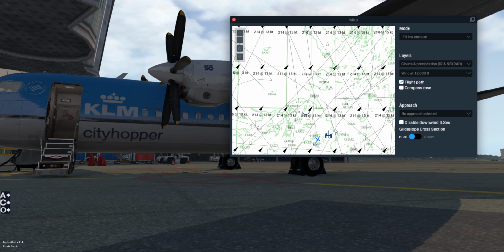And what you can do to be safe is fly according to the VOR stations, because then you are 100% sure that you see what actually is inside the simulator anyway.